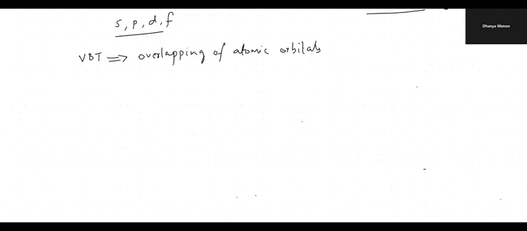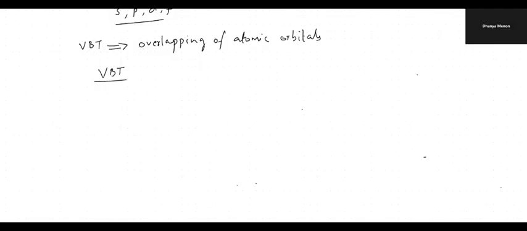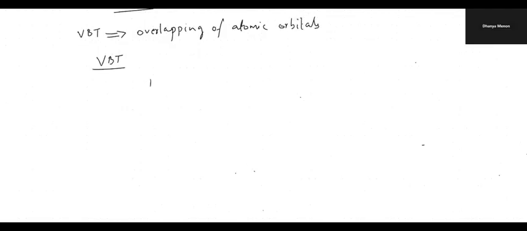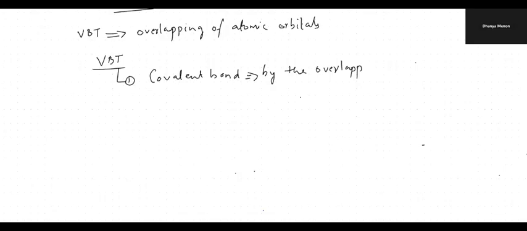Now, there are some postulates or rules in valence bond theory. According to this, the first rule is that a covalent bond is formed by the overlapping of atomic orbitals.